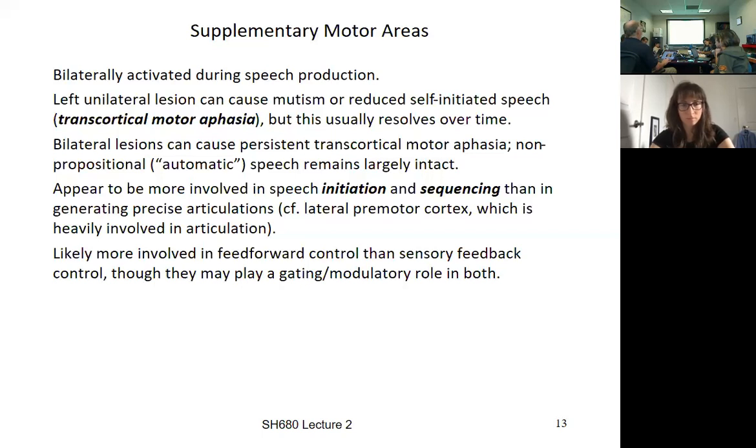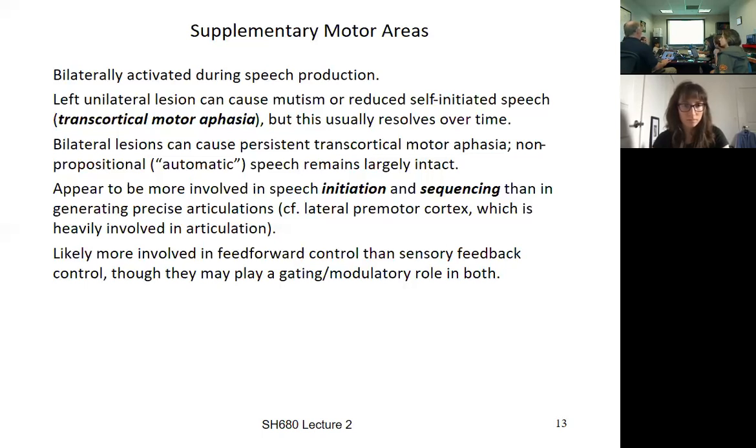It is likely, although not entirely agreed upon, that supplementary motor areas are more involved in feed-forward control, meaning reading out learned motor programs, as opposed to reacting to sensory errors that you detect.